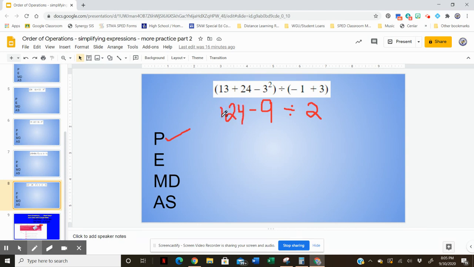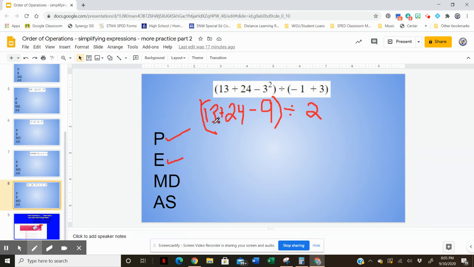And I have plus, and then I've got a 13. Now that still is in parentheses because I'm not done solving my inside parentheses yet, but I am done with my exponents inside my parentheses.